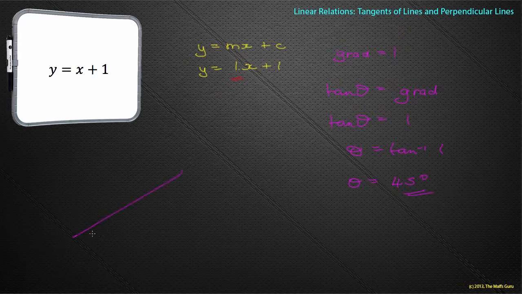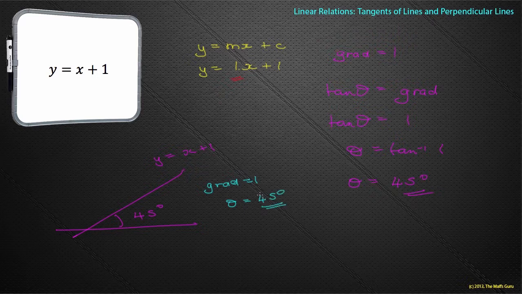And a very quick sketch, if that's my equation and this is my positive x value, then it's saying that the equation y equals x plus 1 would have an angle of 45 degrees. So just be very careful to make that clear. It has a gradient of 1, but it has an angle of 45 degrees.